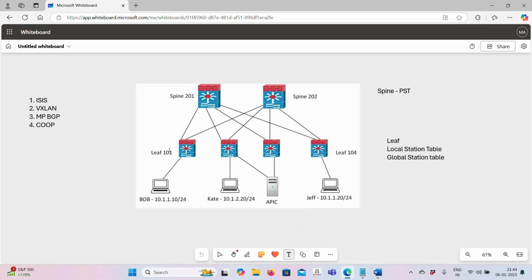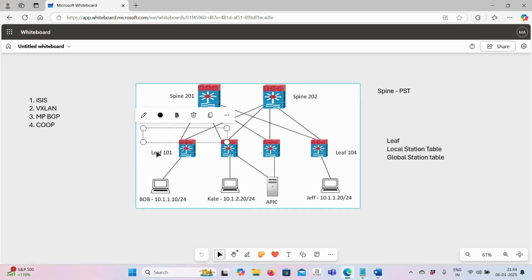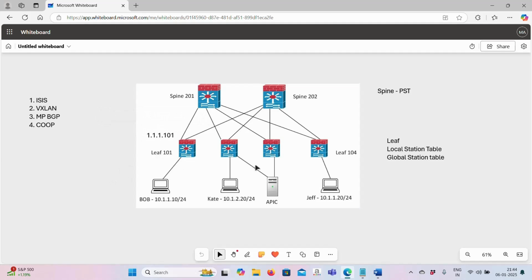Let's also assume that the loopback IP address of leaf 101 is 1.1.1.101, and the loopback IP address for leaf 104 is 1.1.1.104.